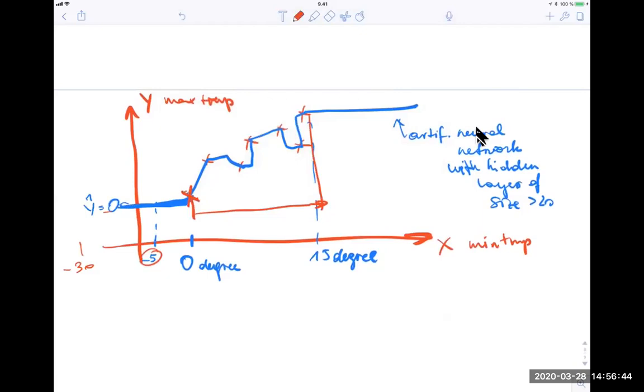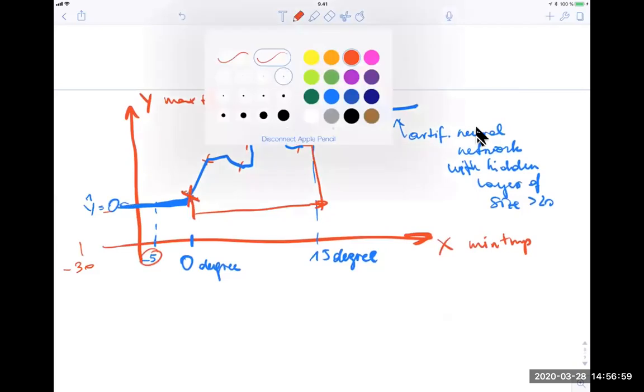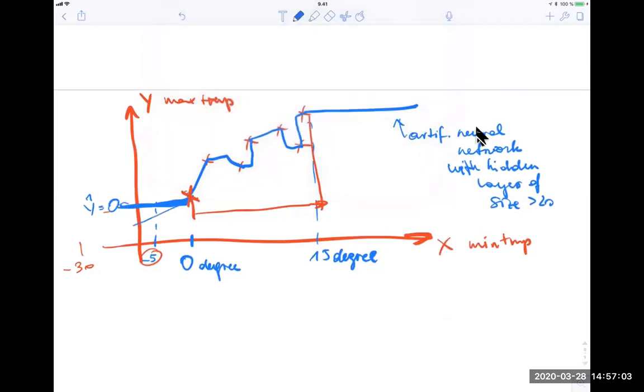unrealistic. However, this is unrealistic for us because we have a lot of prior knowledge on how temperature behaves. What is the nature of minimum and maximum temperature? With our knowledge, we would expect that the predicted temperature should go down if the minimum temperature goes down, and also that the maximum temperature should go up if the minimum temperature increases.